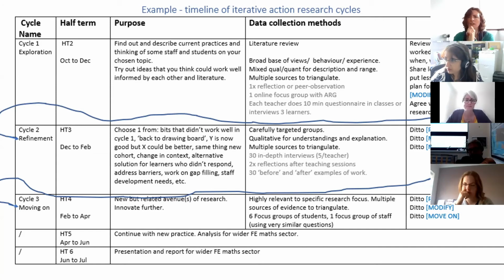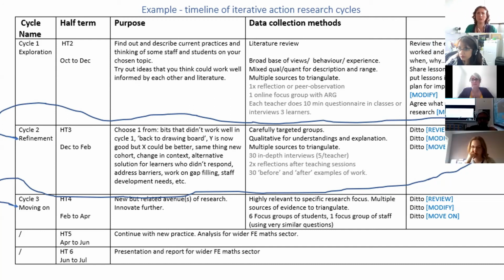Please go ahead. Yeah, so it seems to me from reading this that you're starting with the broad, so you've got your question, you're starting broadly, and then you're narrowing down in your second and third cycle. That's how the plan seems to read: a broad base of use and carefully targeted groups, and then highly relevant to a specific research focus.